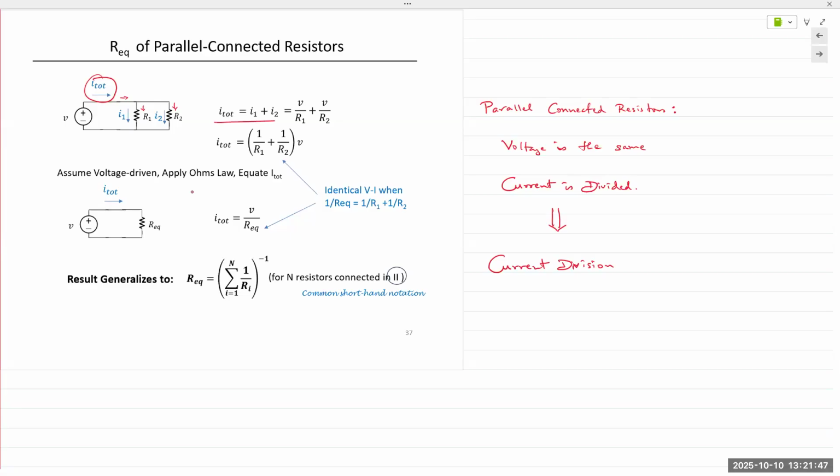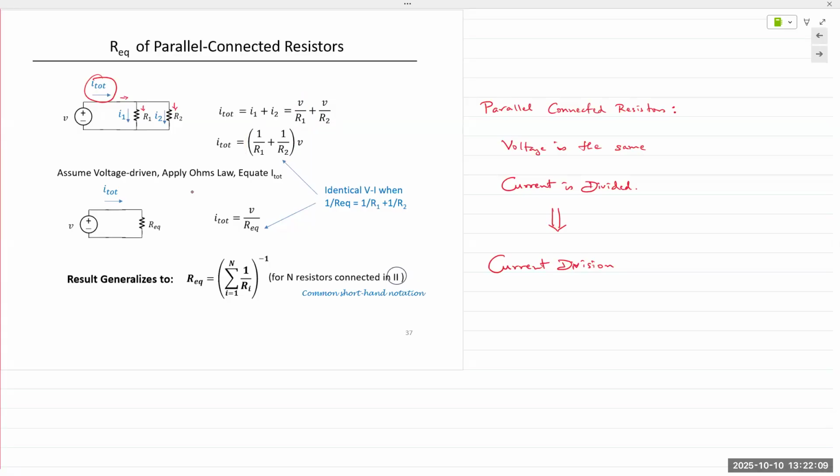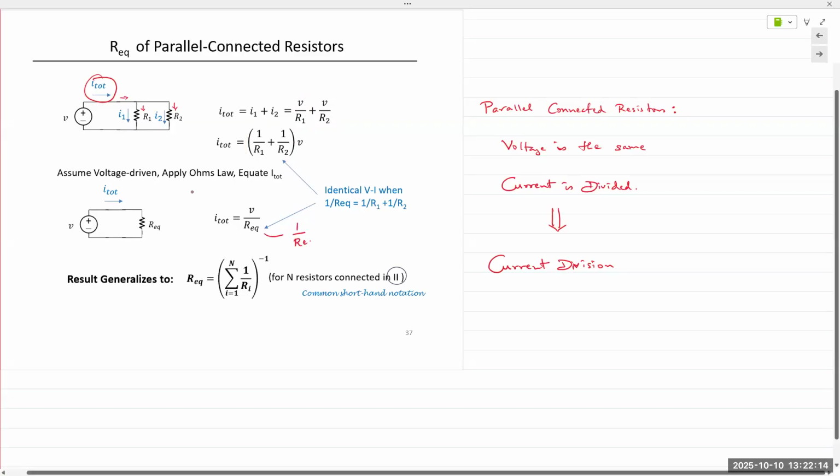Okay. So your I total is I1 plus I2. Apply Ohm's law, you get V over R1 and V over R2. Voltage is the same, so you take voltage outside and you obtain the total current. V equals IR, so 1 over REQ turns out to be 1 over R1 plus 1 over R2.